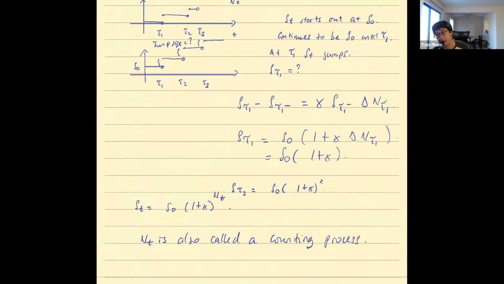I don't want to introduce this name because we will quickly move away from the Poisson process. But you see why: it just keeps count of how many jumps it has made so far. So here it is quite neat that we can put that. Any question?